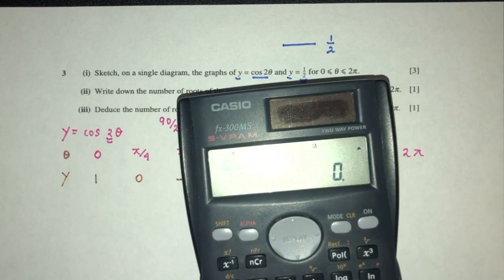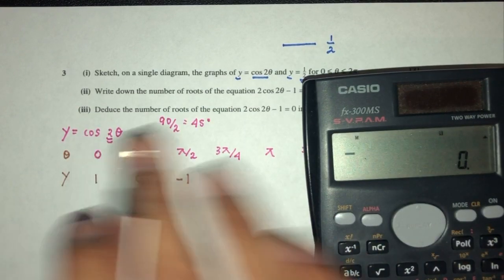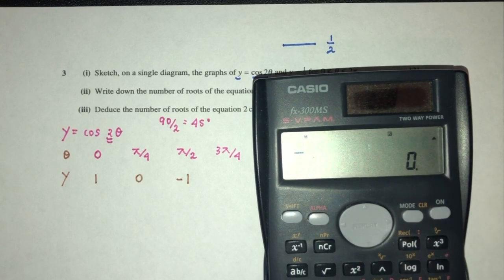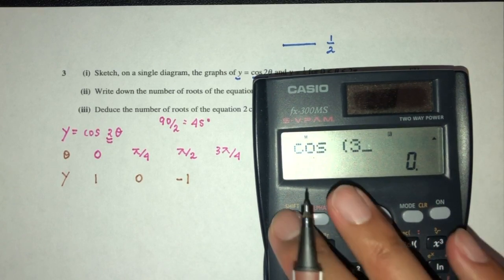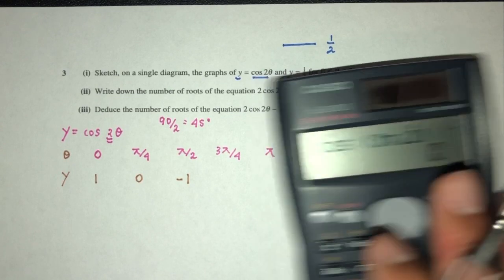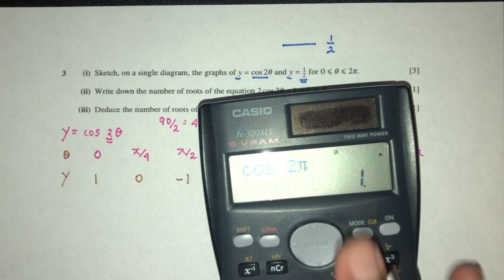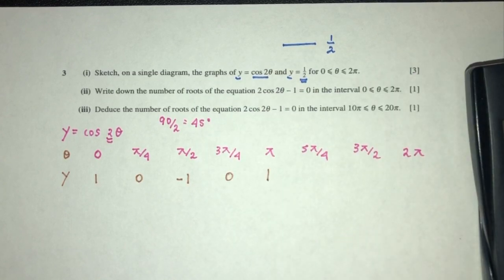And 3 pi over 4 times 2 should be 3 pi over 2, so cos 3 pi over 2 should be 0. And then pi, cos 2 pi, should be 1. As you can see, there's a cycle: 1, 0, minus 1, 0, 1.